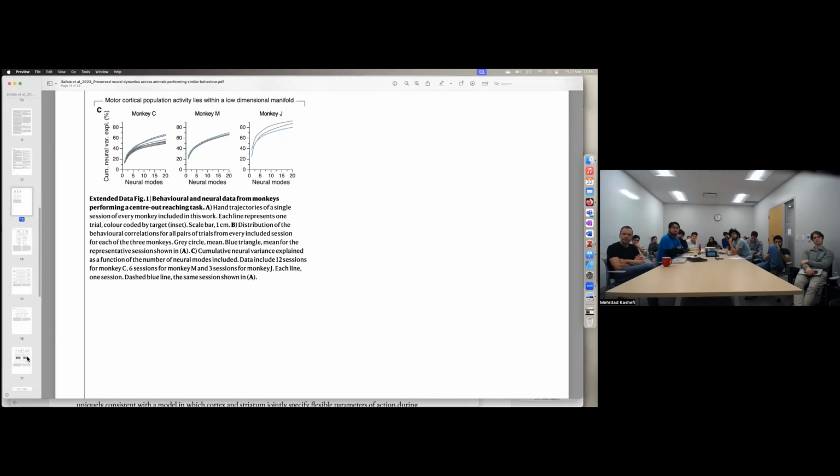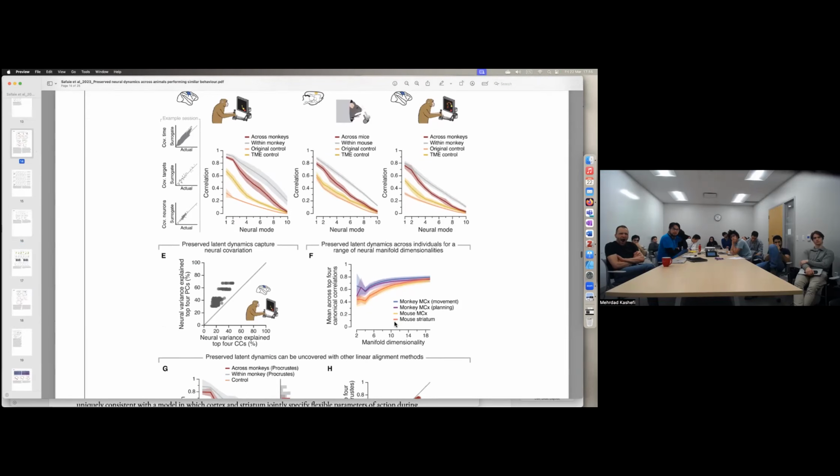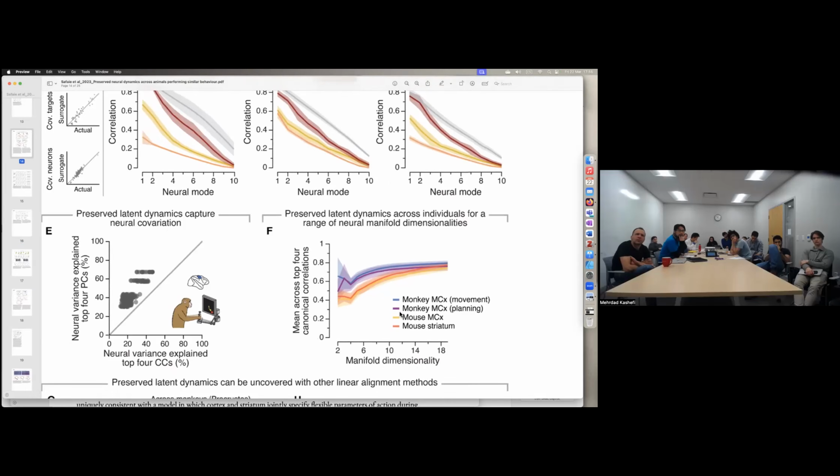We have it here somewhere. We do have it for the mouse. Oh, this is the alignment quality. Okay, even if you increase the dimension, it's still below the level of the monkeys.